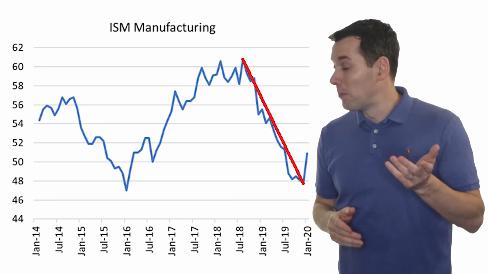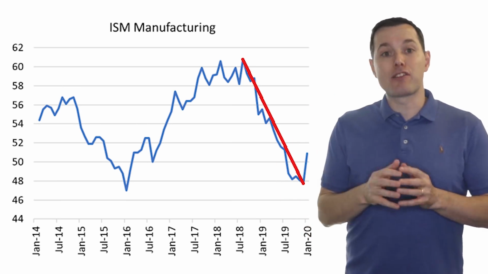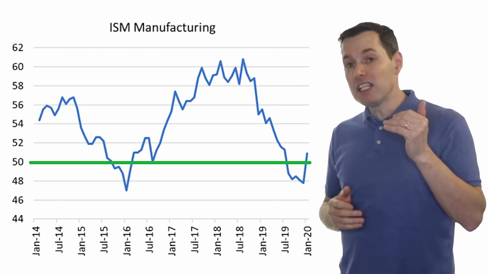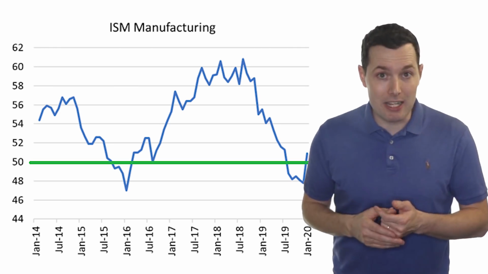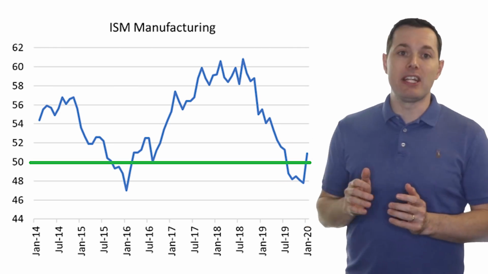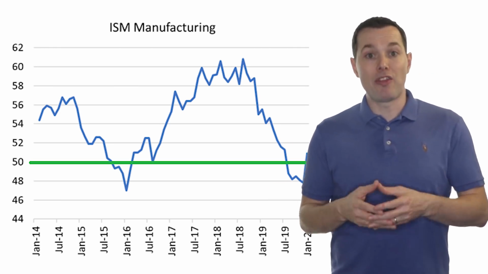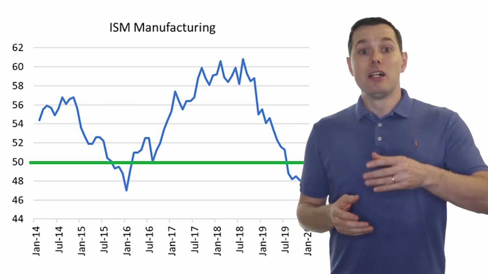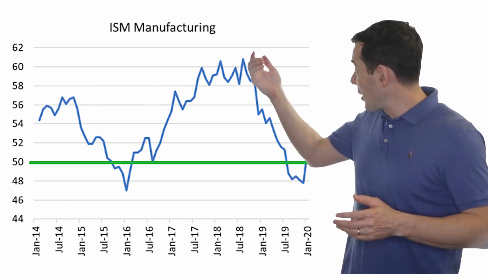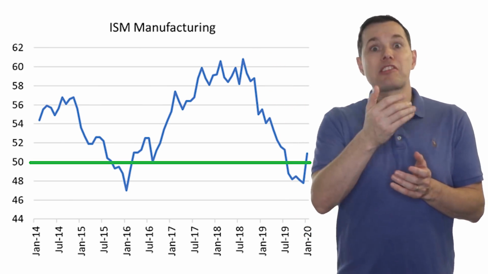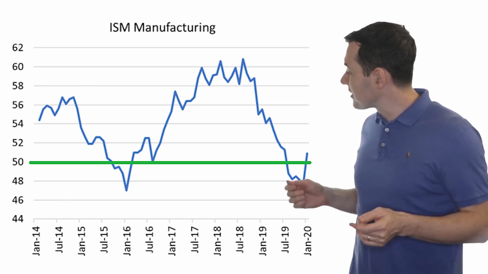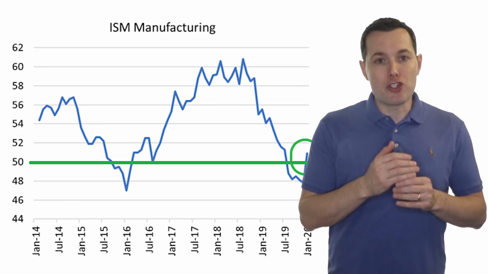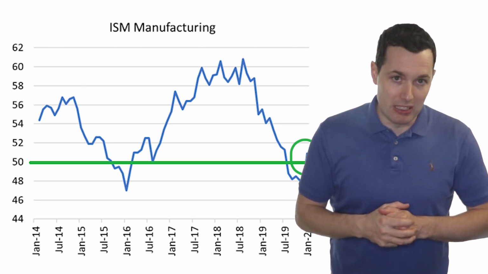And then in the past couple months, when the manufacturing index fell below the 50 level, this became a real problem. 50 is an important level for this indicator because anything below 50 implies negative growth in the manufacturing sector. Anything above 50, even when it was falling, implied that growth was slowing, but it wasn't negative until it dropped below 50. But clearly, we can see that in January, the number jumped back above the 50 level.